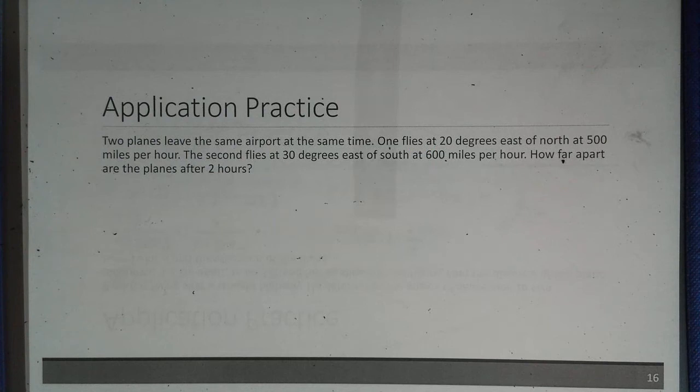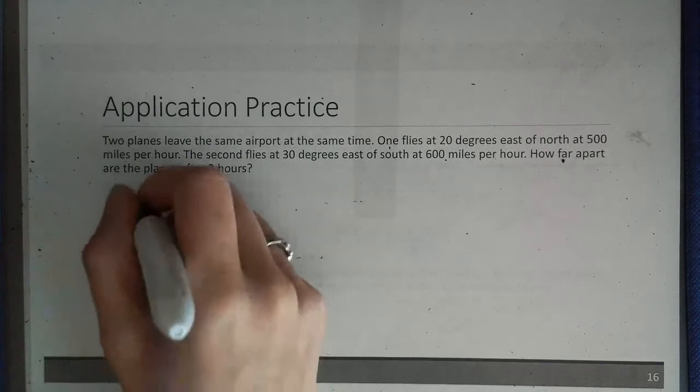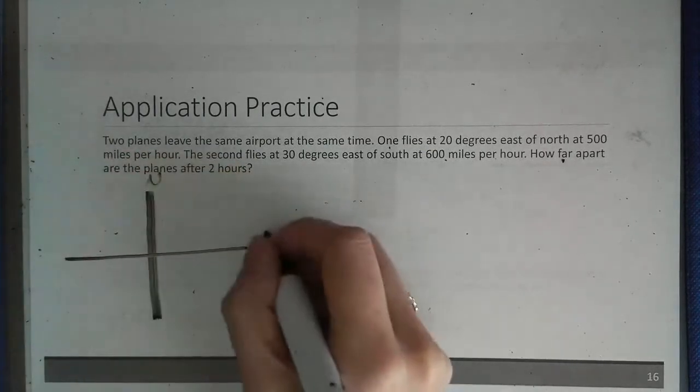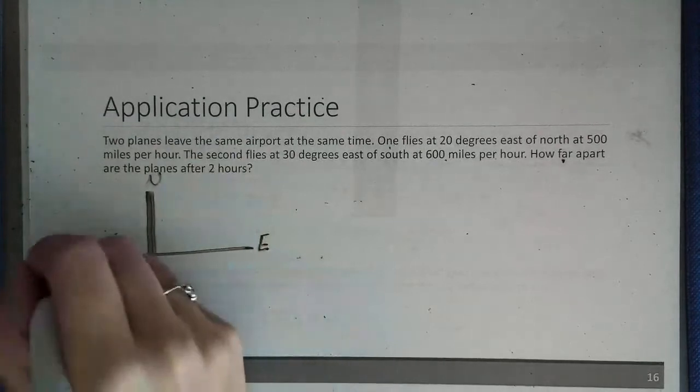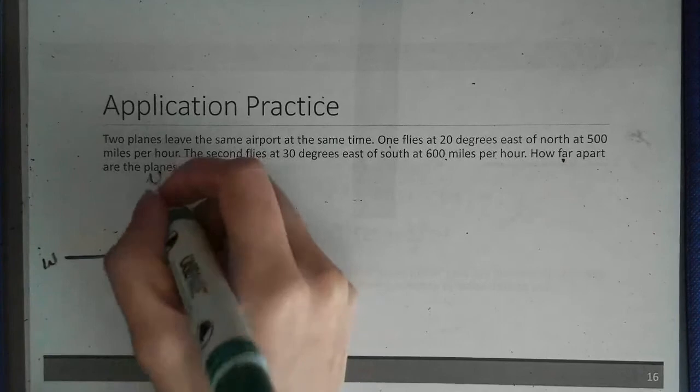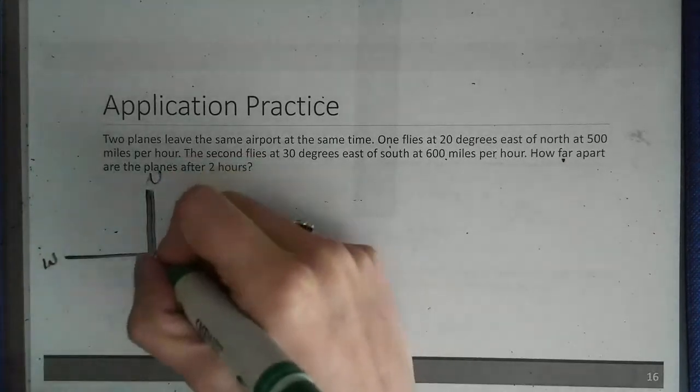These can be kind of hard if you don't know your directions, so I'm going to start by just laying out north, east, south, and west. The first plane is flying 20 degrees east of north. So you start north and turn 20 degrees eastward.